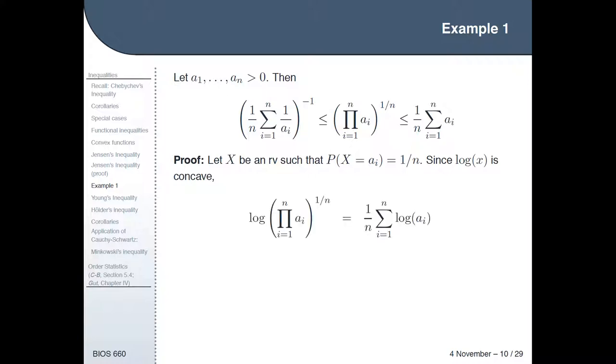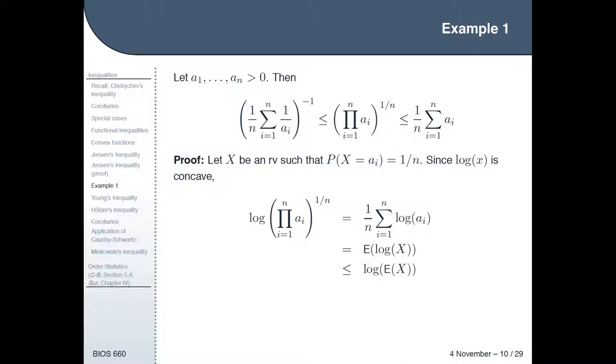So if we take the log of the geometric mean, just using the properties of the log, that's equal to 1 over n times the sum of the logs of each of the a_i's, which is just the definition of the expected value of log x. Because all the points have probability 1 over n, we're evaluating each of them at log a_i.